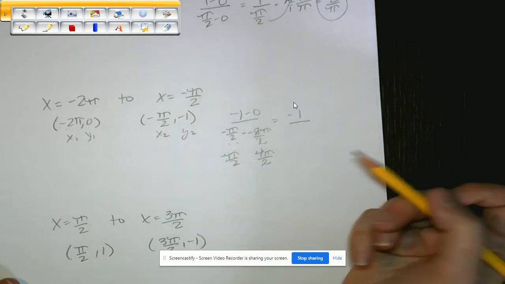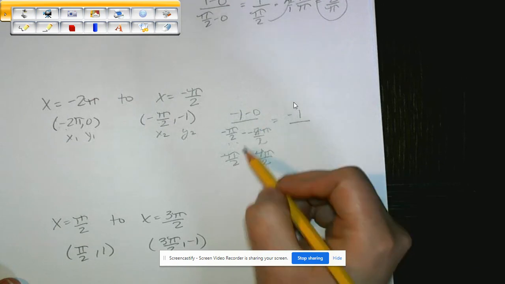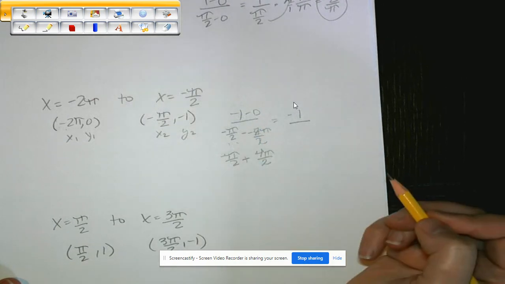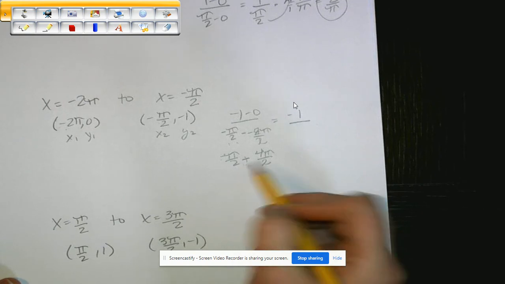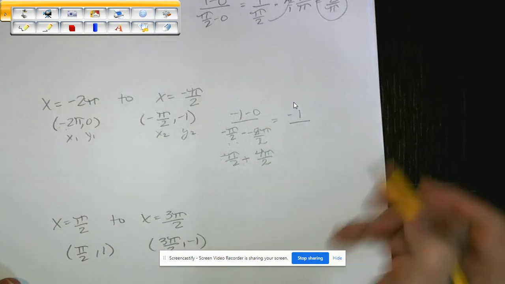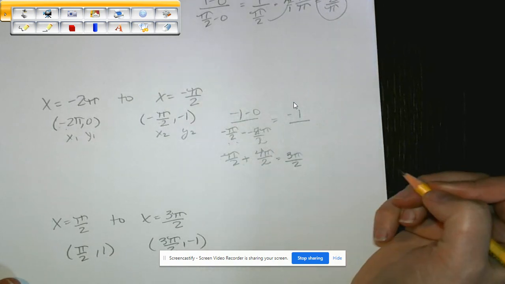Which reduces to 2 pi over 2, or 2 pi over 1, so we know it's the same thing. Two negatives make a positive. So we have negative 1 plus 4 pi over 2, which is 3 pi over 2.